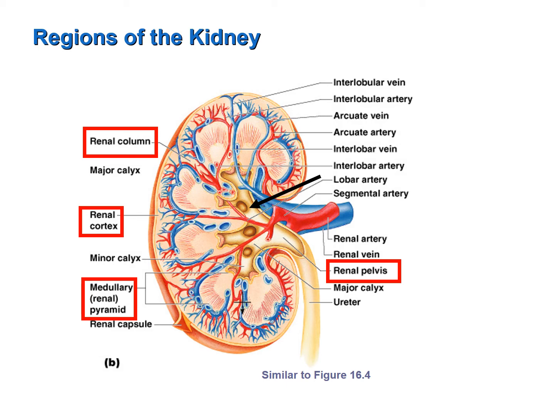Nephrons, which are found mainly in the renal cortex, but some in the renal medulla, produce urine, and that urine makes its way to the calyces of the renal pelvis, and then from the calyces the urine moves into the ureters.